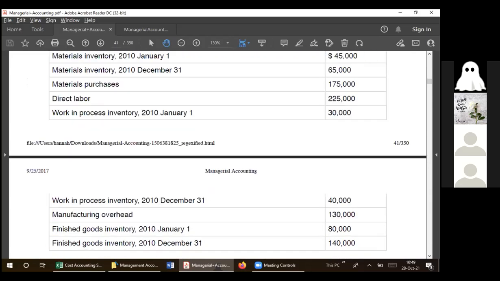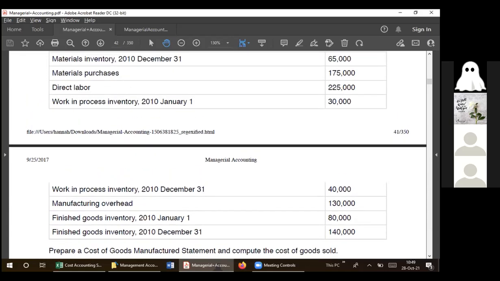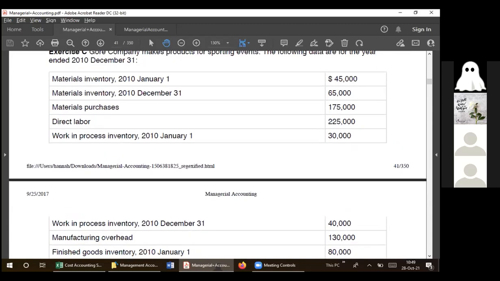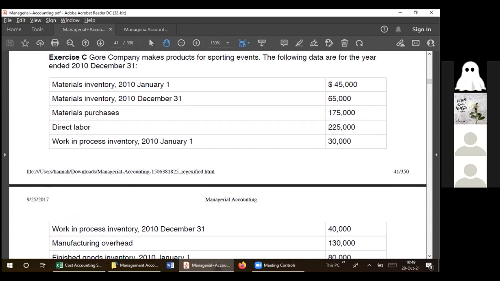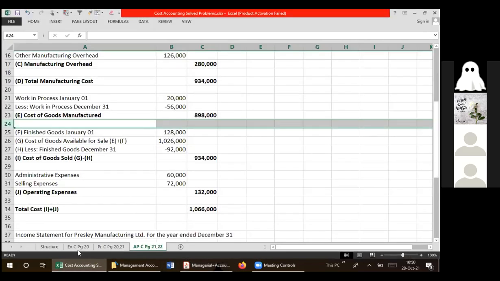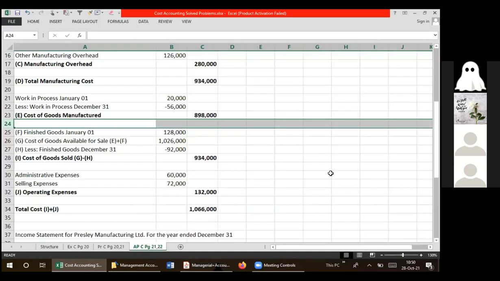Yeah, they have one. Isn't this the same one that we solved before? Yes, the same one.